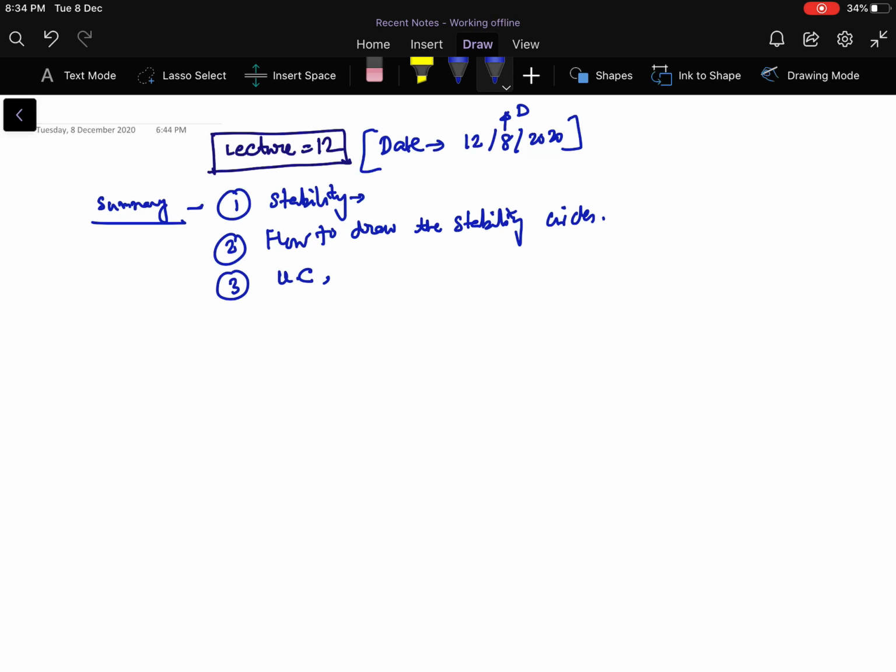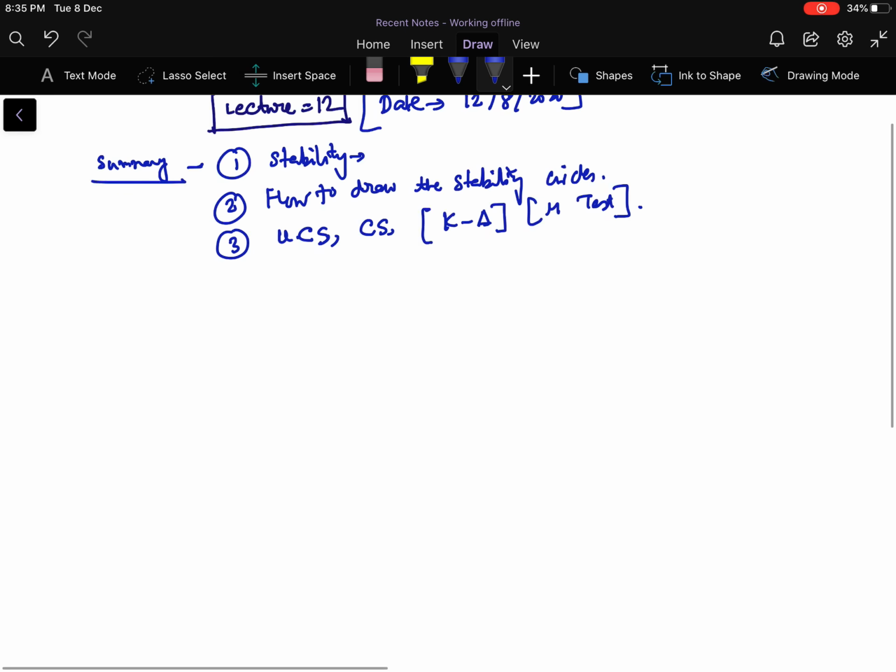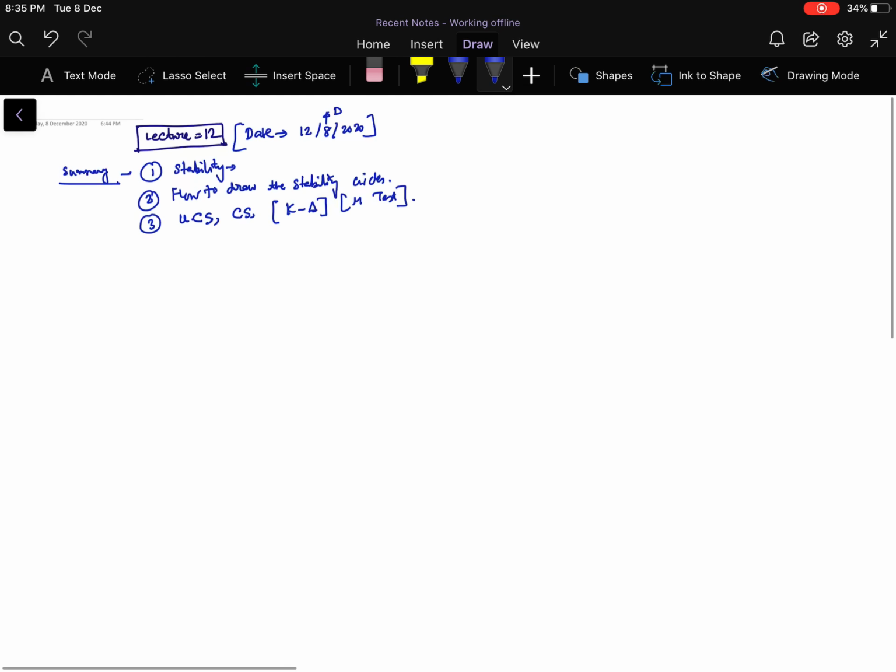Also we have defined unconditionally stable and conditionally stable, and we have checked something called the k delta test and mu test. All those equations we have seen. So based on that, today we will actually solve some problems. Let's start with the first problem.